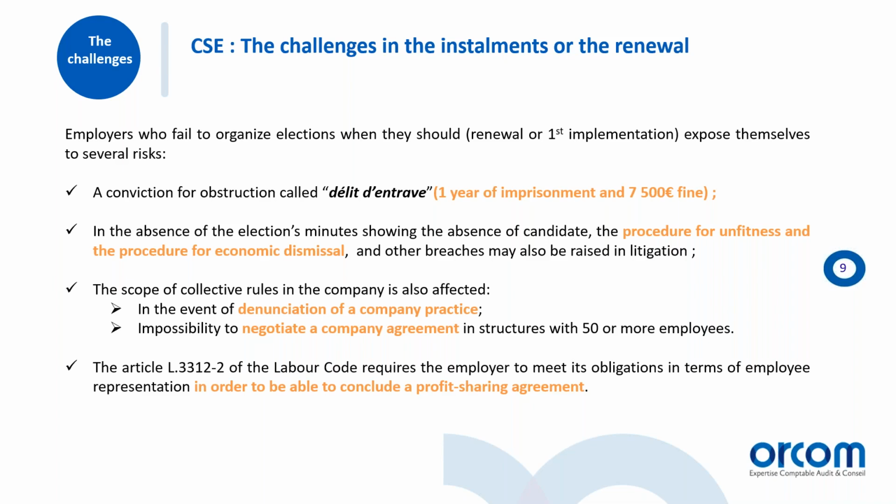And also, you will face the impossibility to negotiate a company agreement if you're a company with at least 50 or more employees. Also, it's necessary to organize the election if you want to set up a profit sharing scheme in the company.